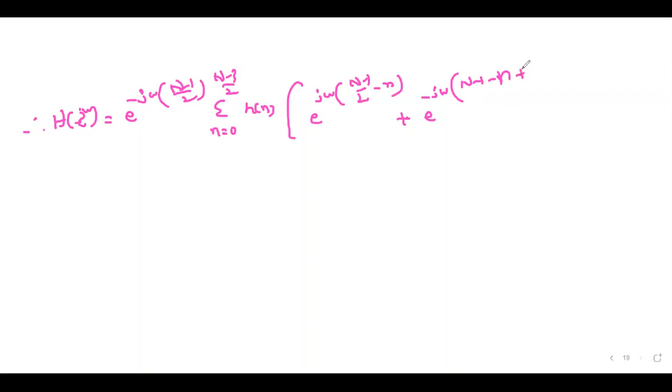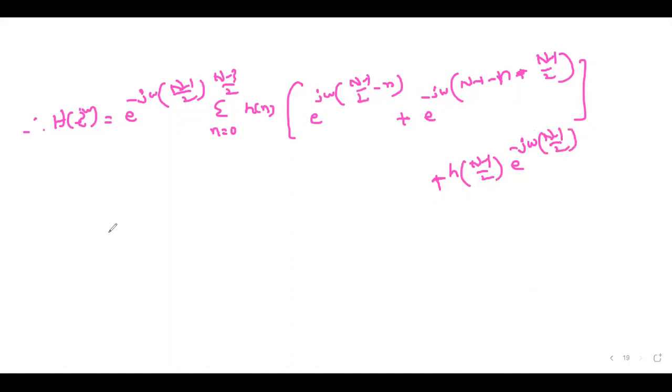Plus, sorry, minus of (N-1)/2, plus, okay, so it is h((N-1)/2) into e^(-jω(N-1)/2).